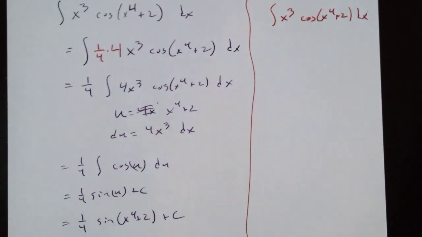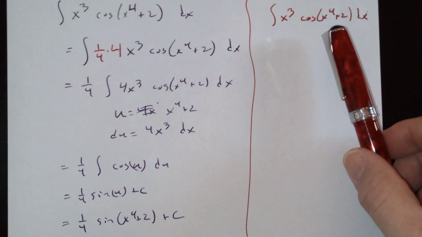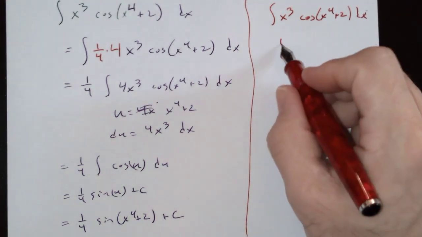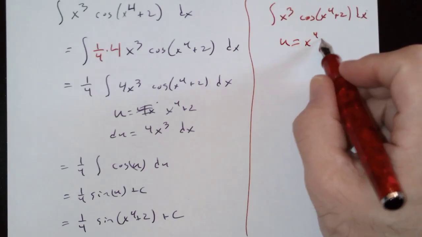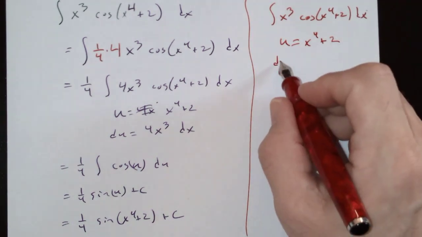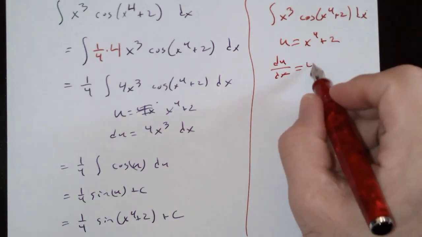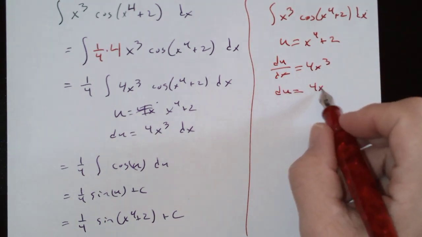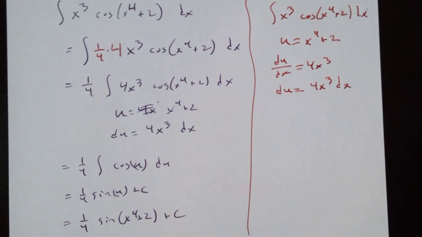What I'm going to say to myself is I've got an inside. Let's look at the inside. The inside would be x to the 4th plus 2. And if I rewrite my differential, if I take the derivative of this, I'm in exactly the same spot, right?